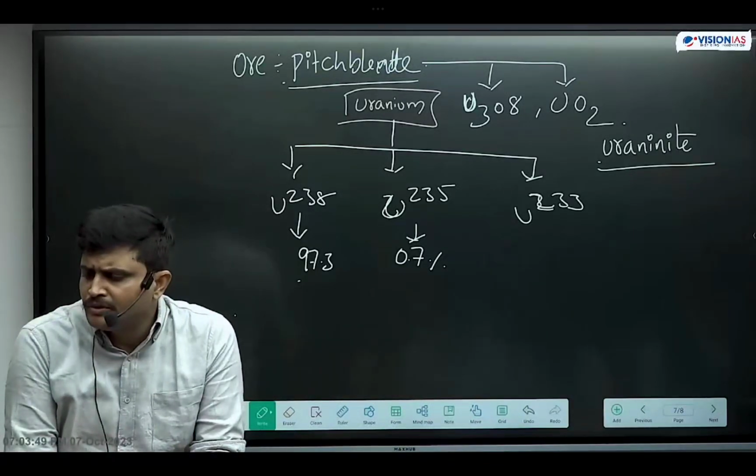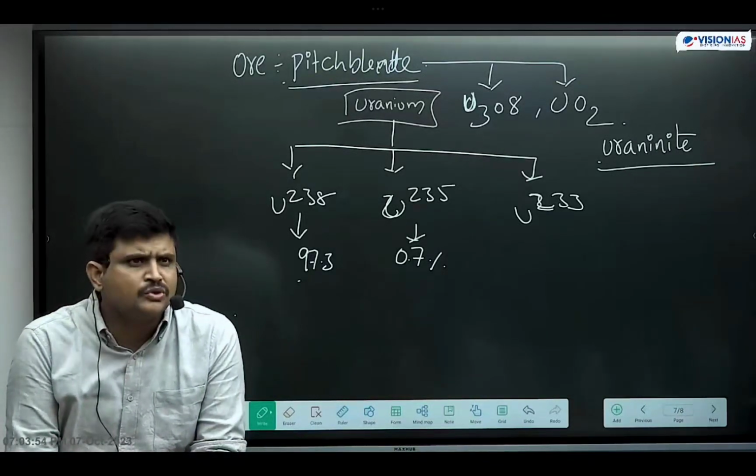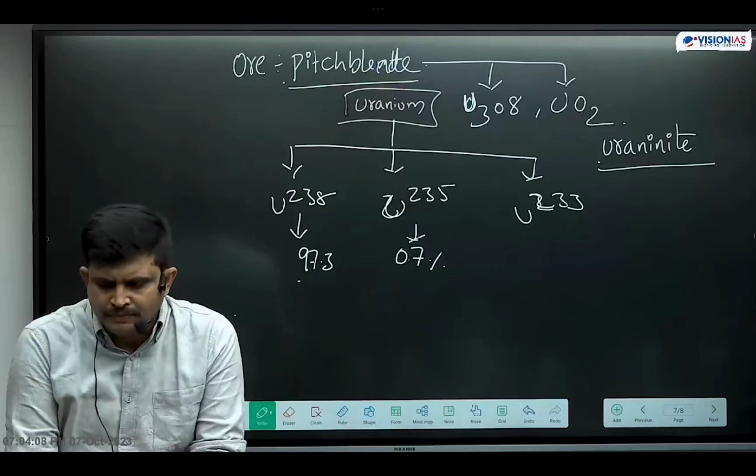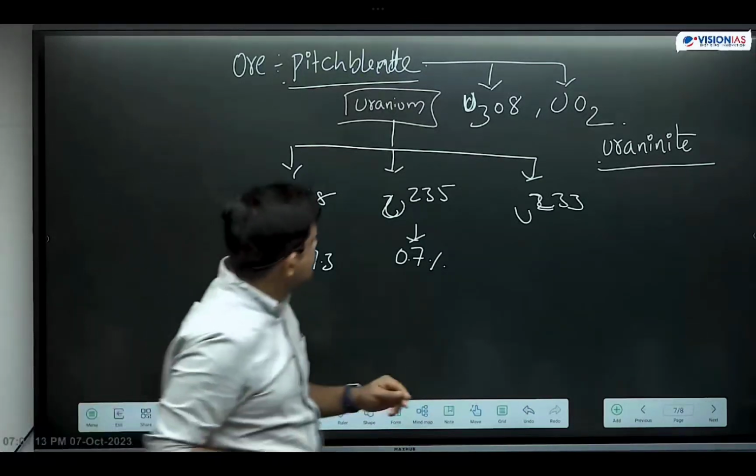The naturally existing plutonium isotope is plutonium 239.